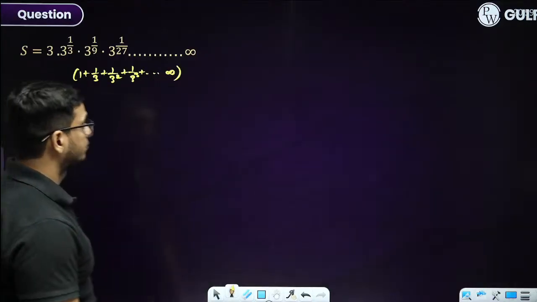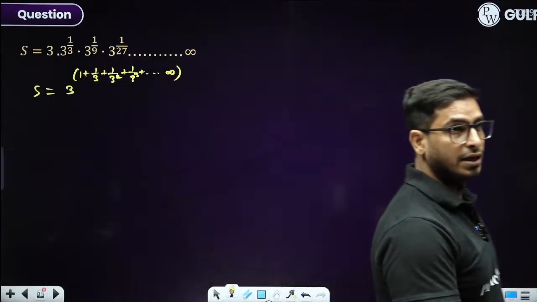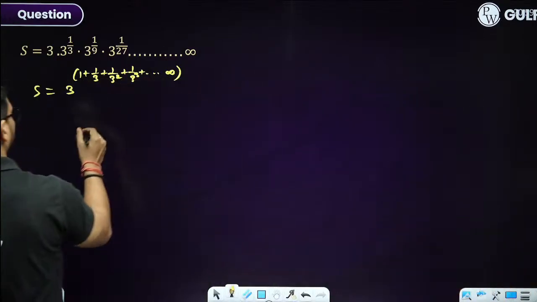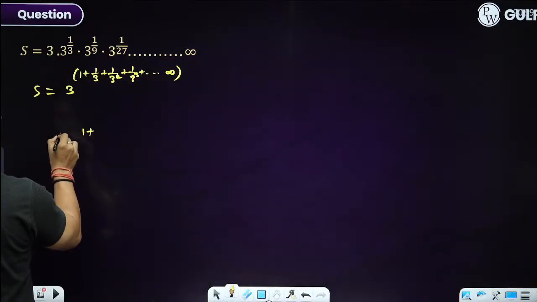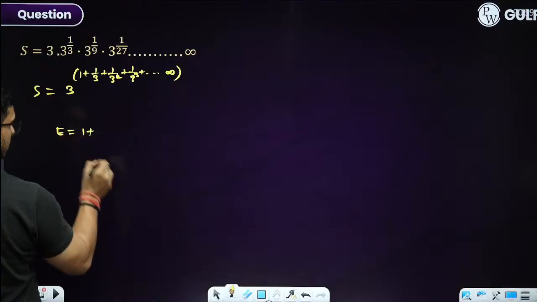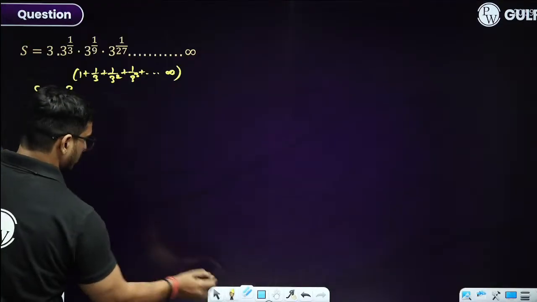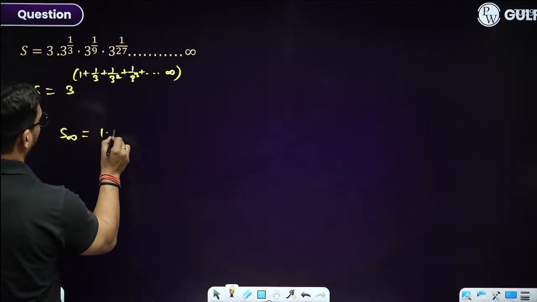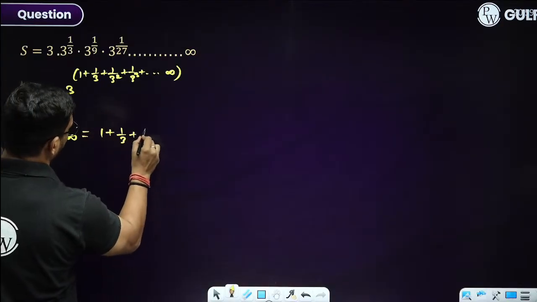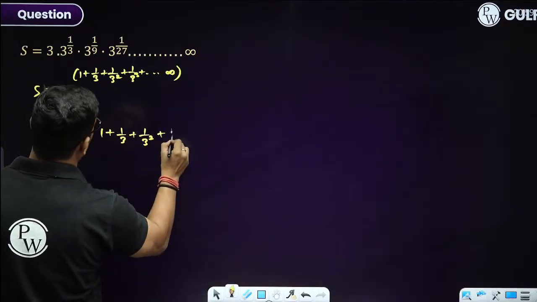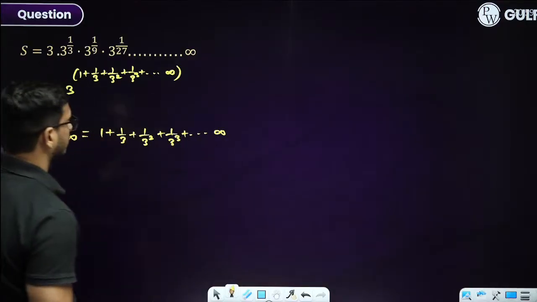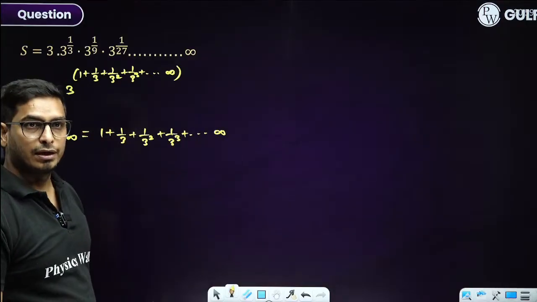Yes or no? Now the main thing is we have to consider this one only. Let's suppose this is S infinity. You can write 1 plus 1 by 3 plus 1 by 3 square plus 1 by 3 cube and so on to infinity. Correct?